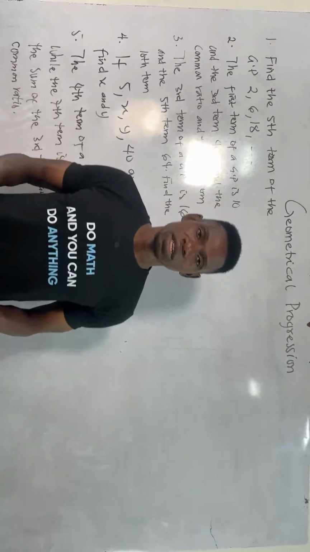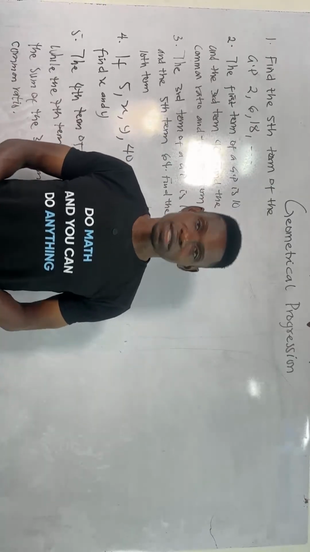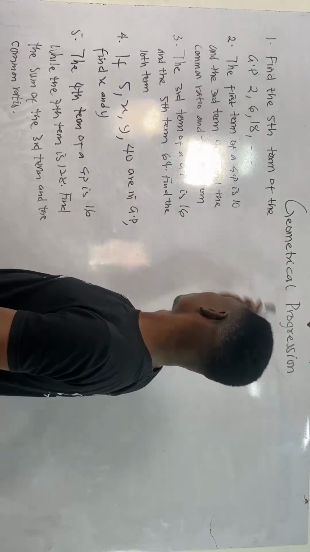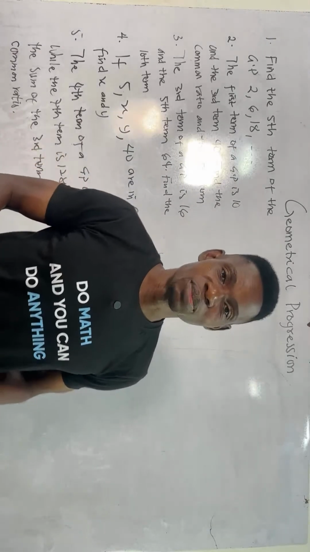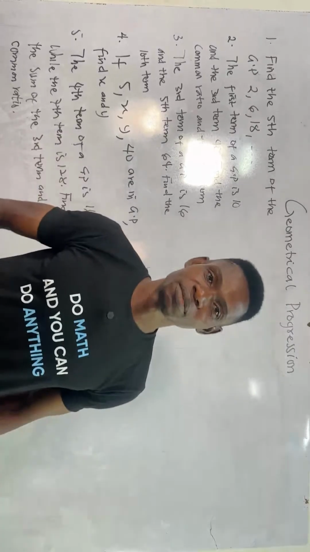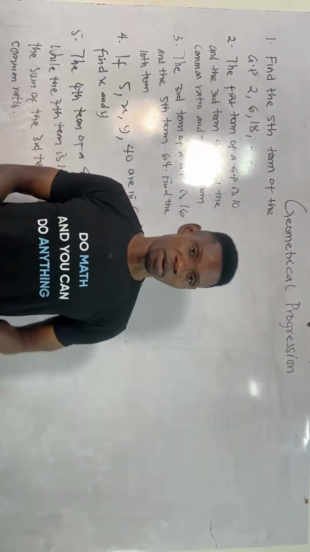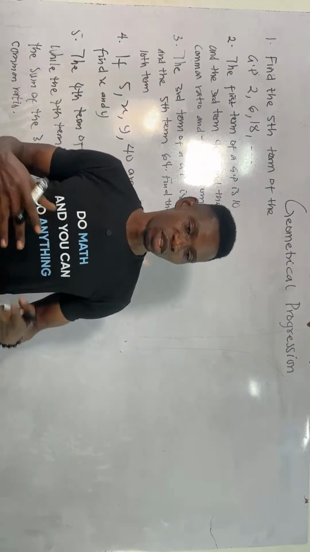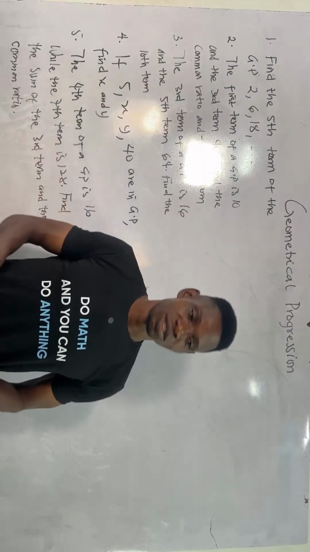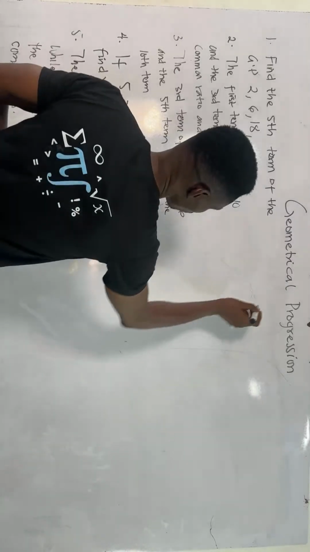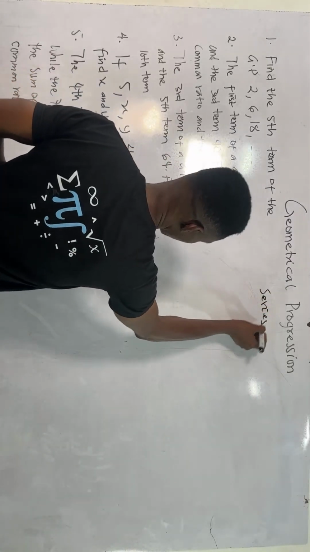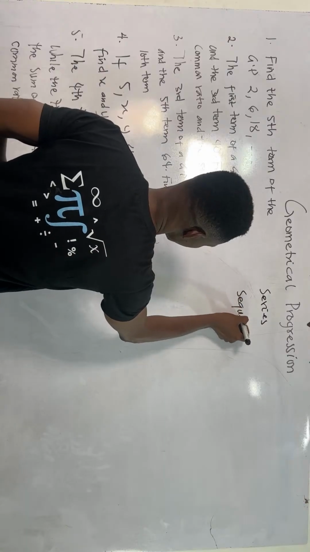Okay, so today our topic is geometrical progression. Now, if you remember, last week we treated arithmetic progression, AP. So let's do a quick recap because the topics are related. Last week, we told you about series and sequences.